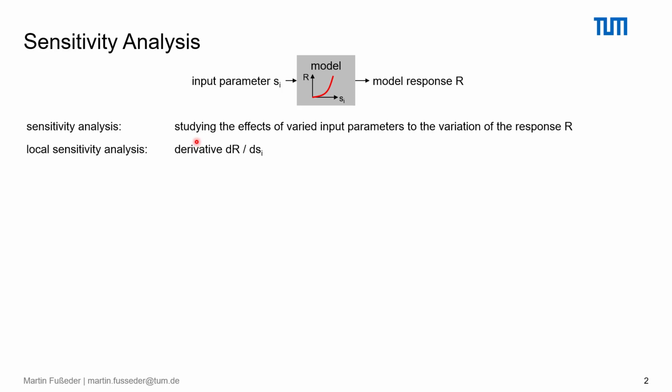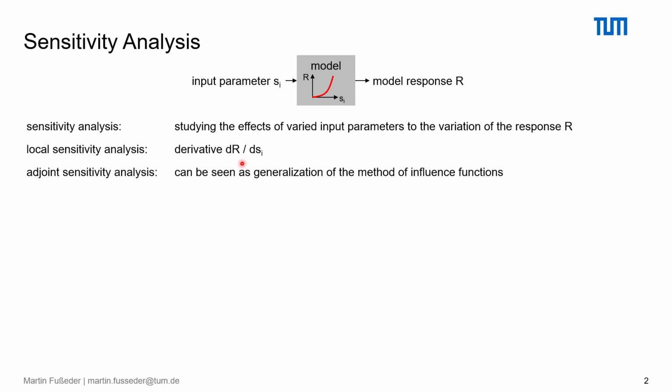There are several ways to describe the sensitivity. What we do is local sensitivity analysis, which means we describe the relation between R and Si with a derivative. There are several computational approaches to compute the derivatives, and what we use is adjoint sensitivity analysis, which can be seen as the generalization of the method of influence function.